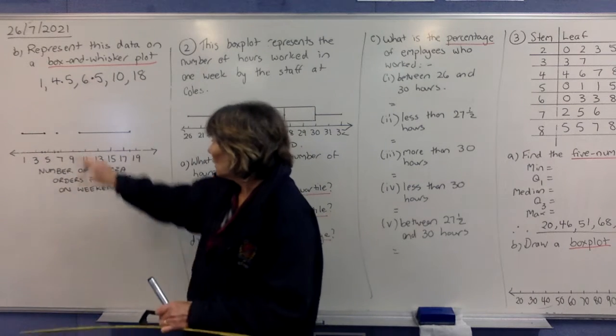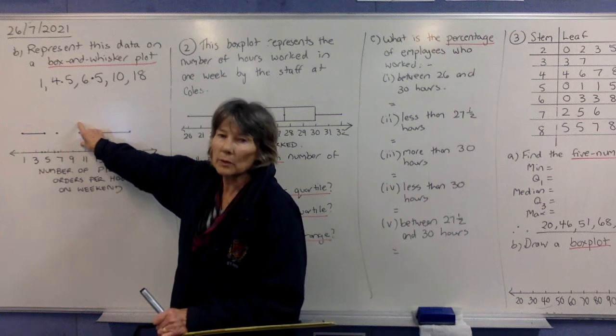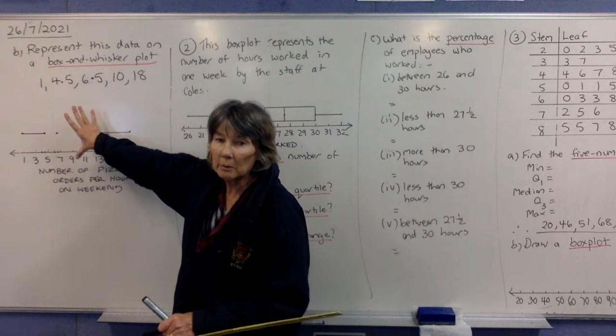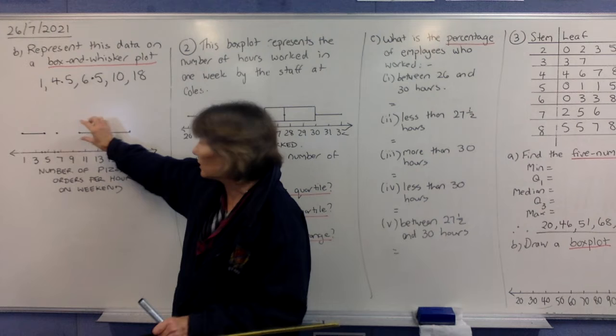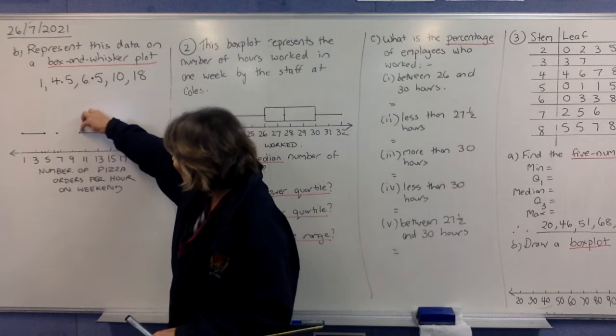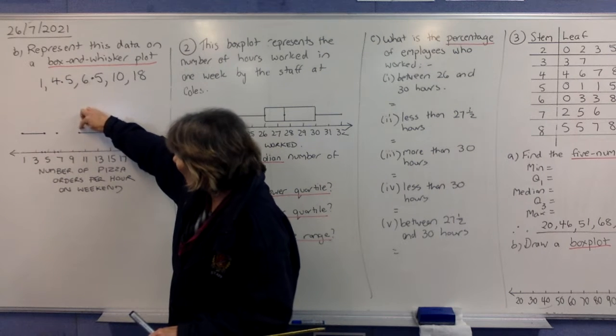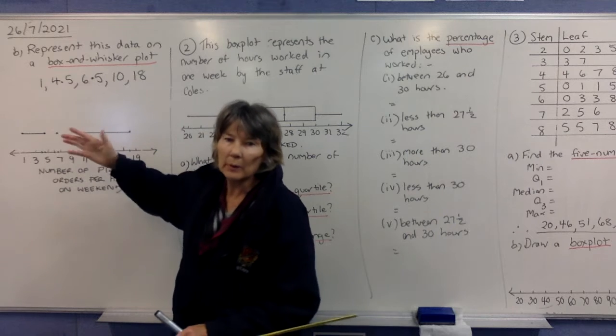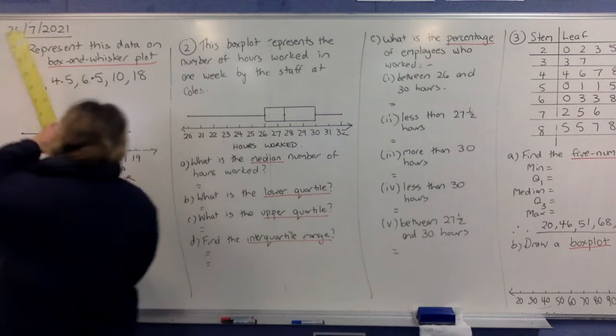Now the actual height of the box, it doesn't really matter how big you make it or small you make it, as long as it's consistent across it. So whatever you have above that dot should be the same distance below it or close enough to it.